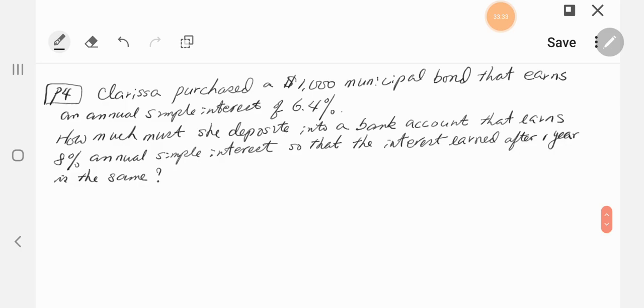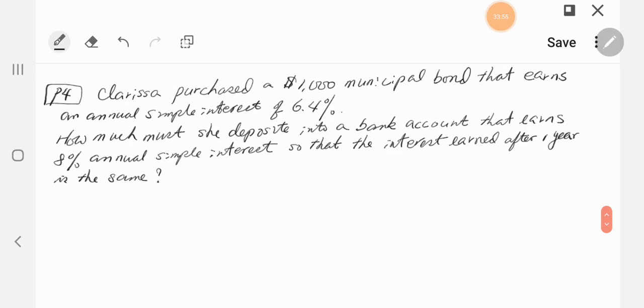So after 1 year, she will get 6.4% of $1,000, so it will be $64, right? How much must she deposit into a bank account that earns 8% annual simple interest so that the interest earned after 1 year is the same?